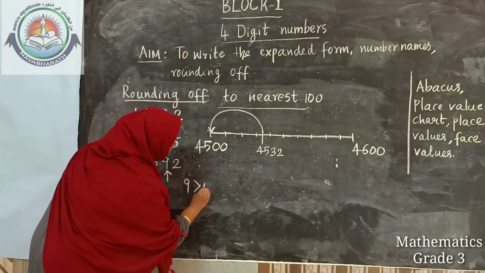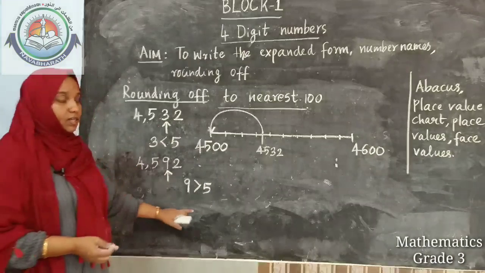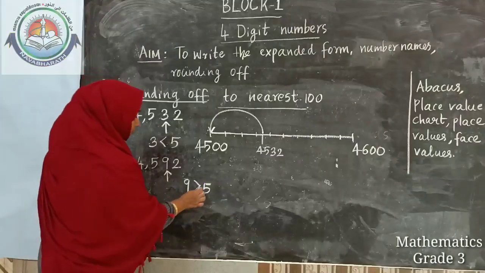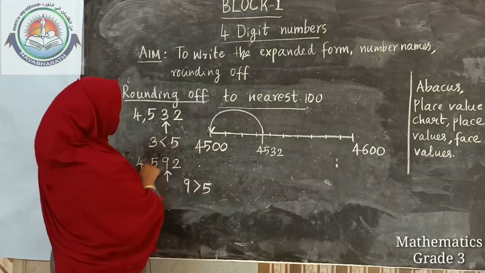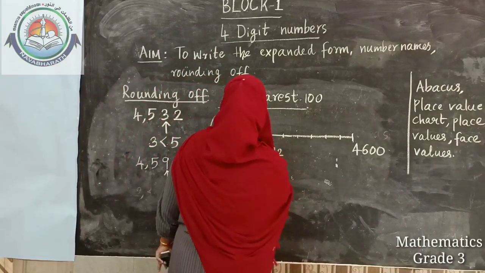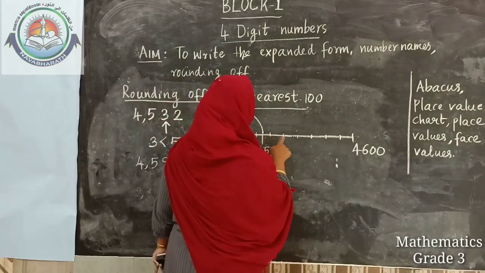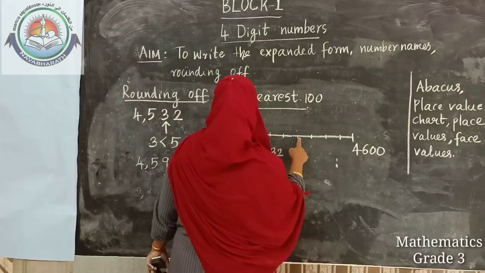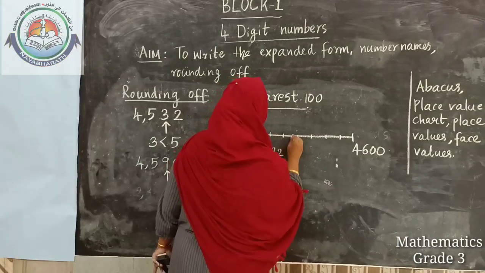That is greater than 5. 9 is greater than 5, and this number comes somewhere here.